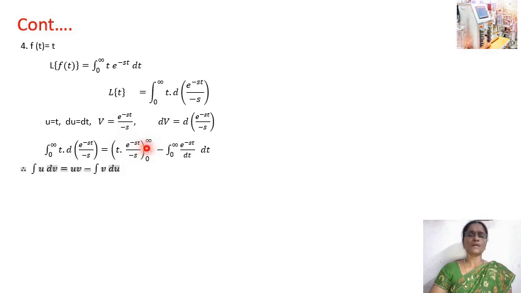If you apply the upper limit, e power minus infinity becomes 0. If you apply the lower limit, instead of t it becomes 0. So the entire first part gets cancelled, and you only get the second part. Just integrate it, apply the lower and upper limits, and you will get the answer 1 by s square. So if you take the simple function t, the Laplace of that function is 1 upon s square.